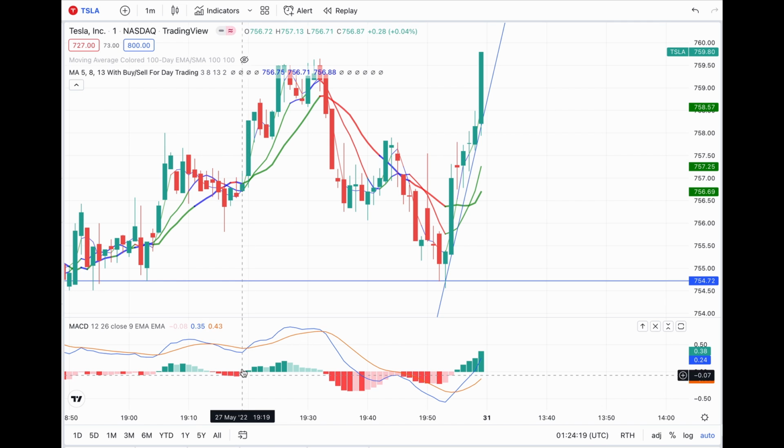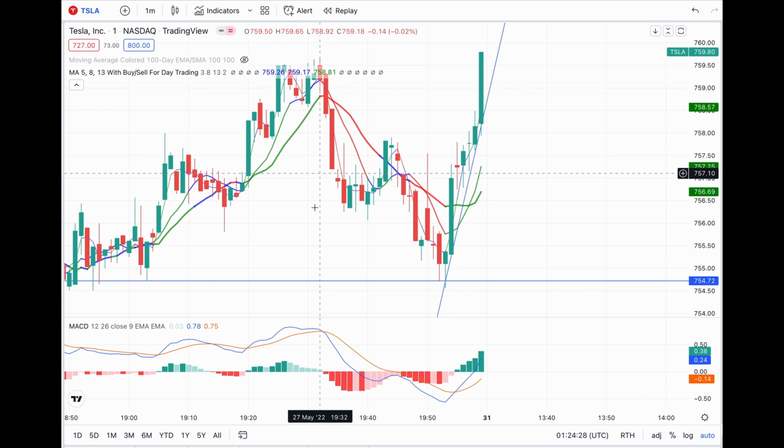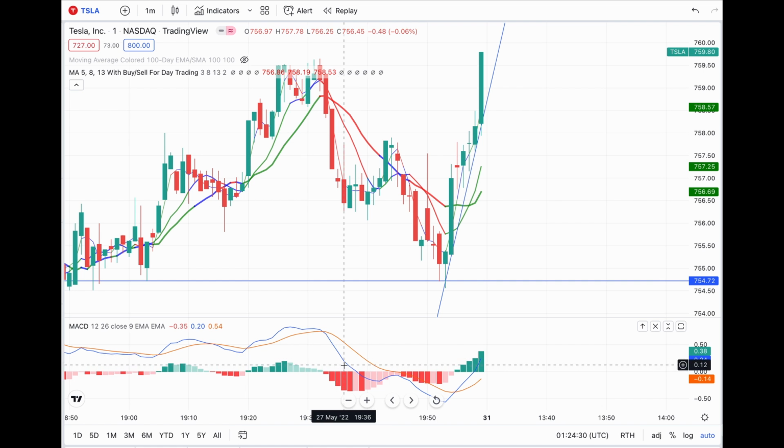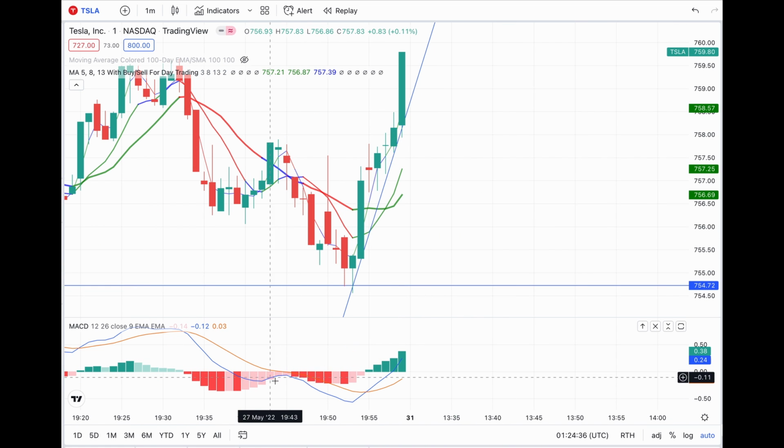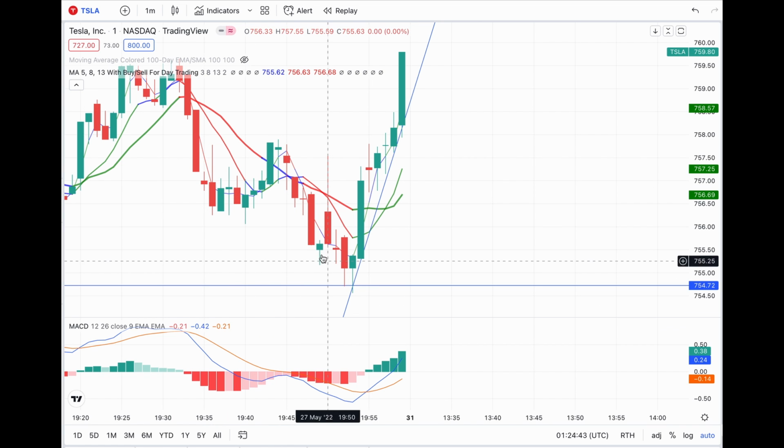And it goes red. And then when it breaks through upwards, we can see that we are in an uptrend. And then again, it breaks through, we can see that it's in a downtrend and it's red. And then you can see the MACD didn't break through here, which showed us that there was an indication of still a downtrend.